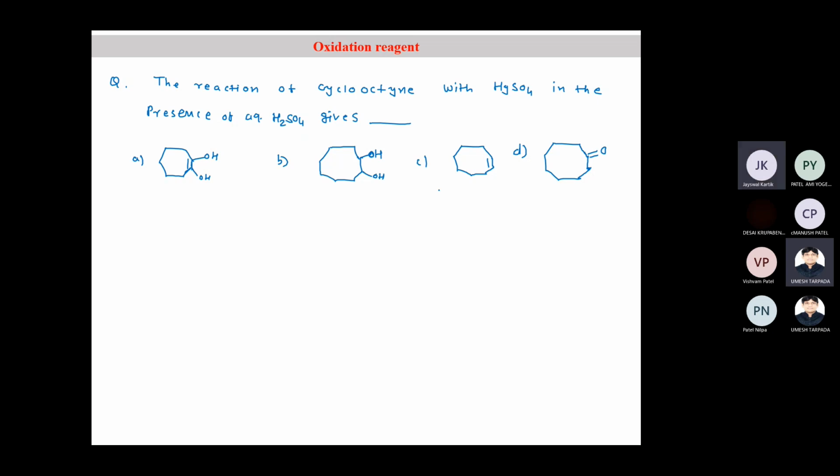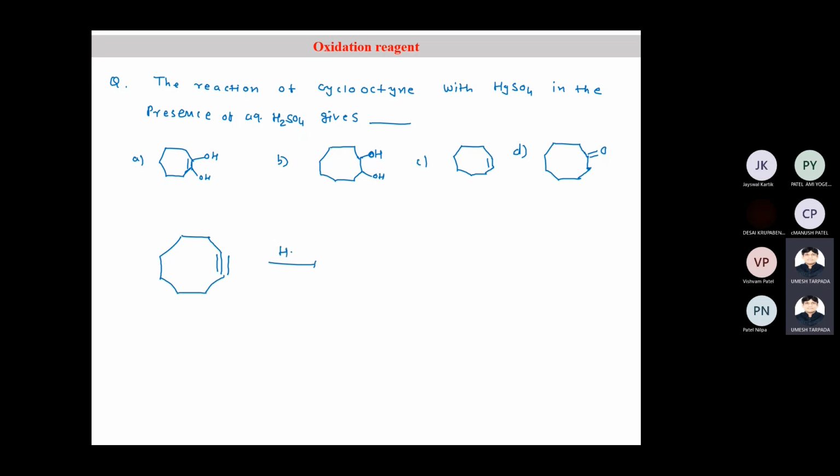D, yes, sir. The answer will be D. The correct one is D. So let's say D. Because it's cyclooctyne, the alkyne is converted into a ketone. The triple bond is there.